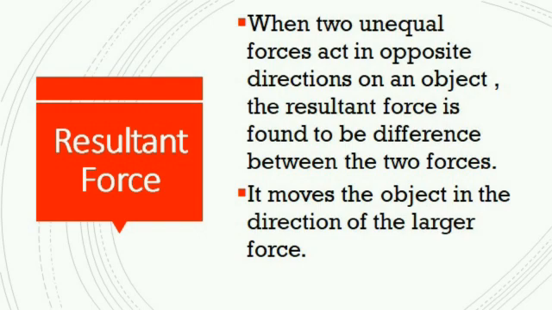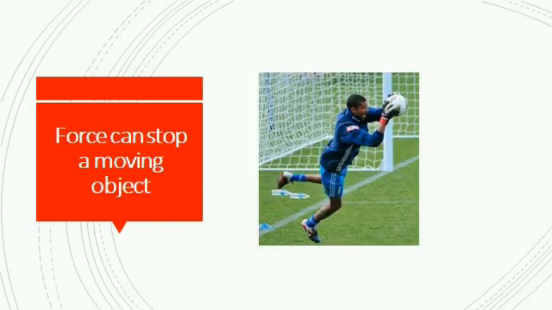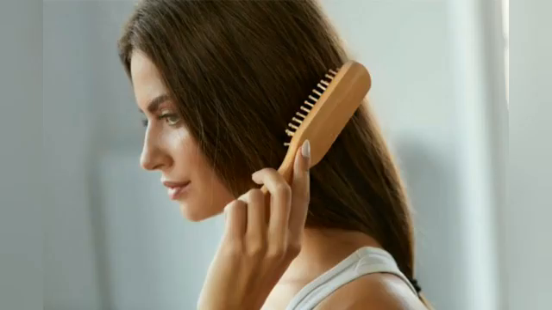Let us consider two examples to learn about the next subtopic. During the football match, the goalkeeper used his hand to stop the ball. So, there is some interaction. The next example: take one comb, rub it on your hair several times, then bring the comb near bits of paper.